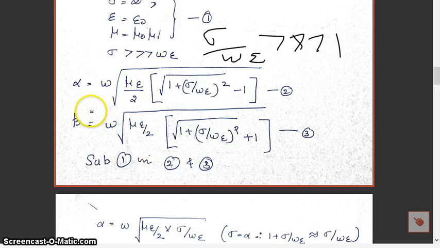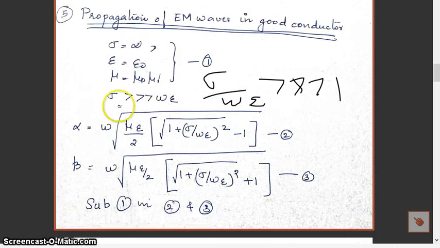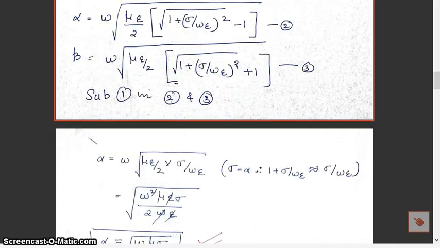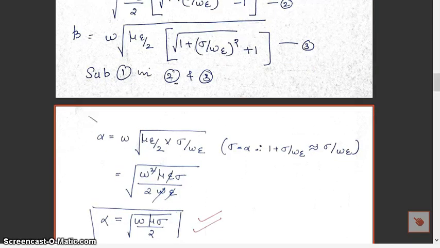So here also we will start with alpha and beta. So you know what is this is alpha and this is beta, and we have sigma is equal to infinity, epsilon equal to epsilon 0, mu equal to mu 0 mu r. So when we substitute this condition in alpha, we will get alpha.